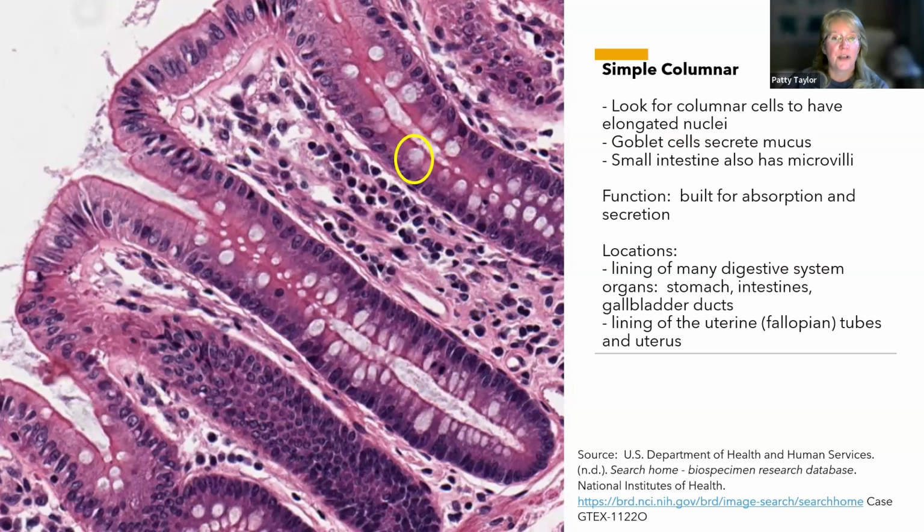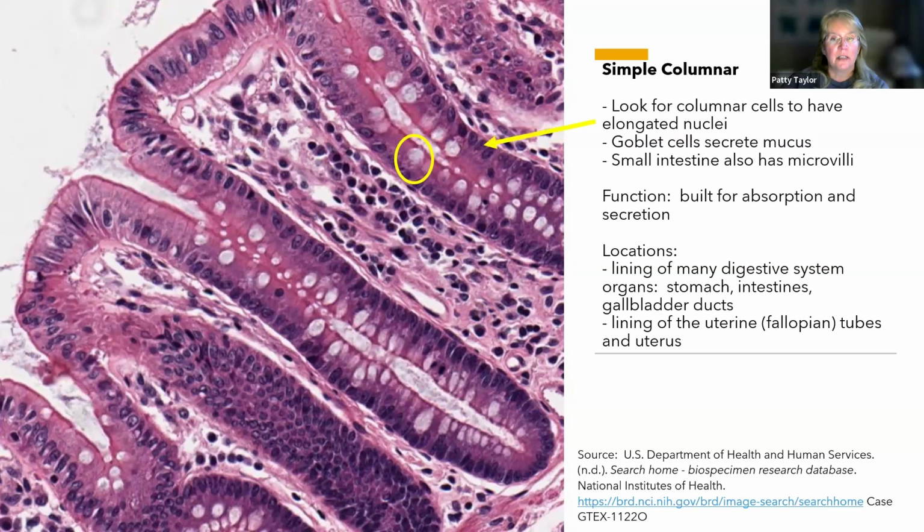In the circle, you're looking at a goblet cell. Goblet cells release mucus. So in the digestive system, mucus helps to trap bacteria. It also helps to lubricate the passage of food. That's one location where you're going to find simple columnar epithelial tissue lining the stomach, small intestine, and large intestine.